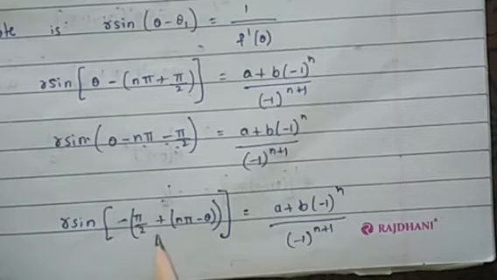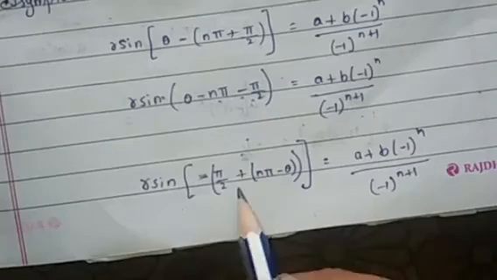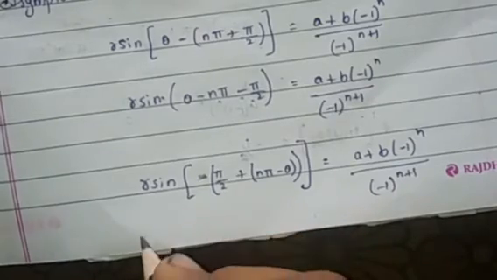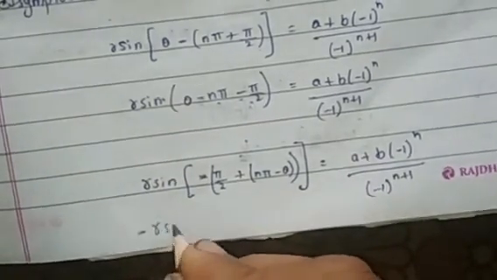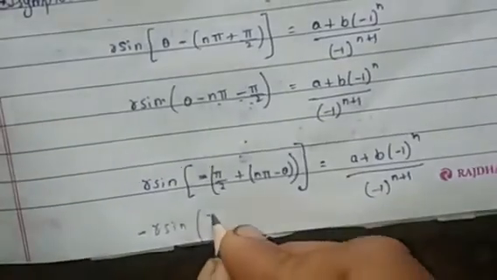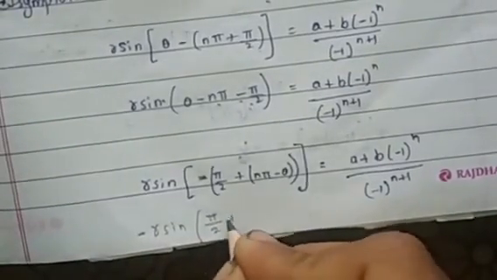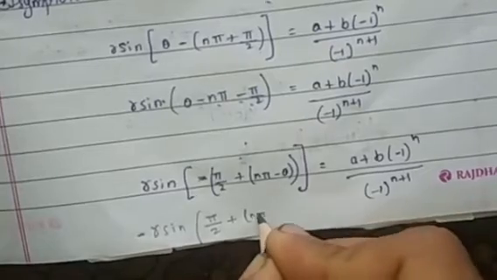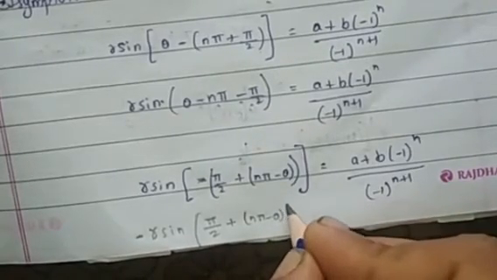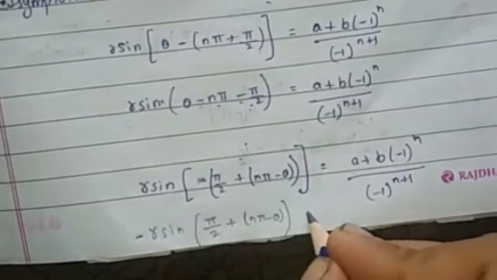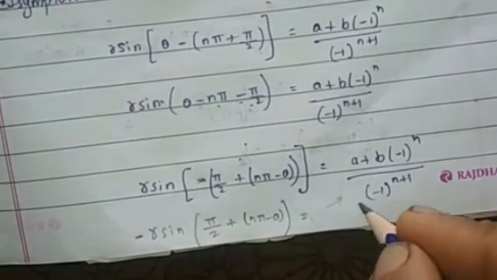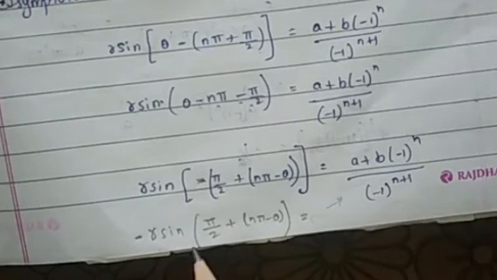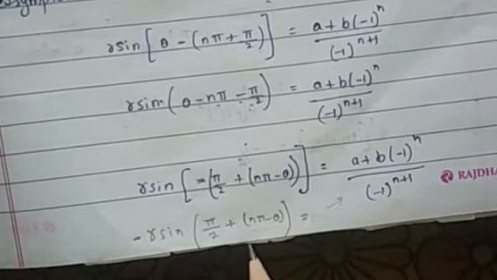Sin of minus theta is minus sin theta. If you simplify this, you get minus r sin(pi by 2 plus n pi minus theta), which is equal to, this one will be as it is. Okay, sin(90 plus theta) formula applies. So sin(90 plus theta), 90 plus theta is in the second quadrant.